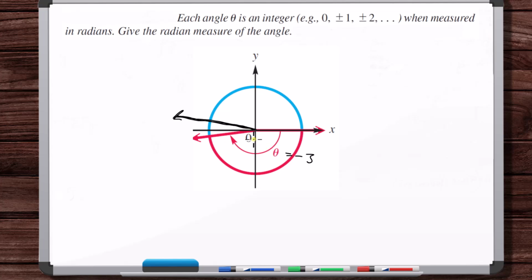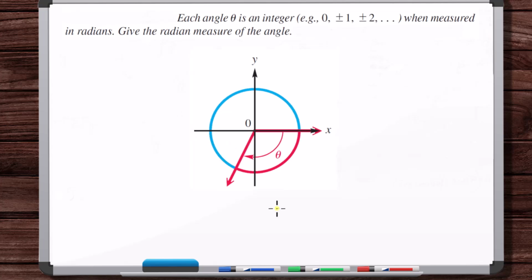Why? Because negative pi is negative 3.14, so this is right below that. This is negative 3, and this is going to be negative 2, for the exact same reason that this was 1 radian, this was 2 radians. But now we're just going in the opposite direction. Negative 1 radian, negative 2 radians.